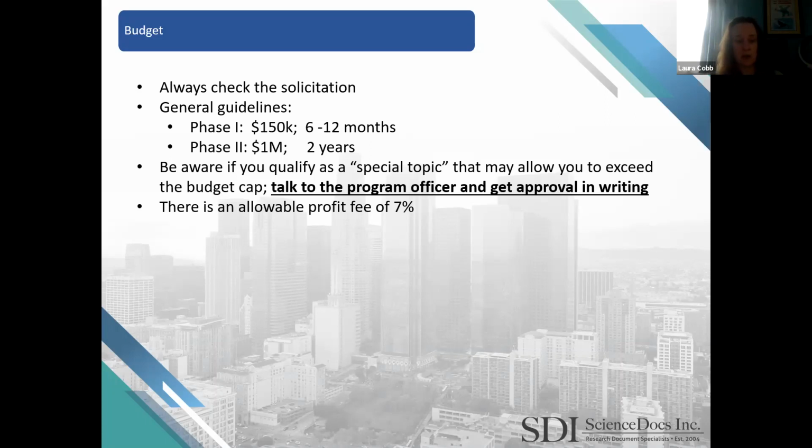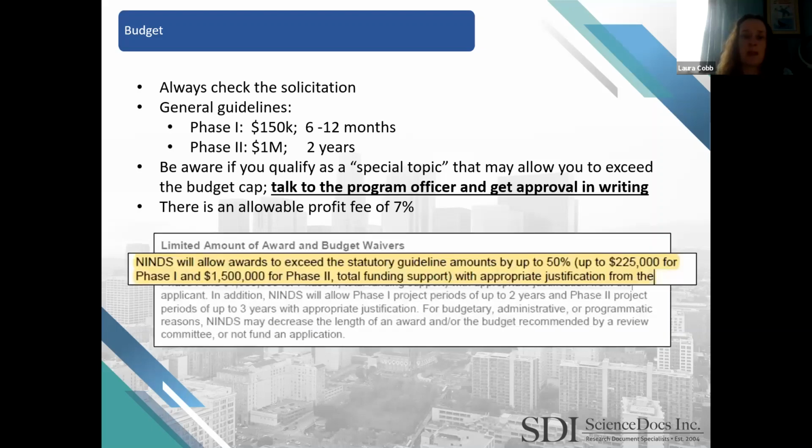With a budget, a really important thing to include for your own benefit is they allow you to add on a profit fee of 7% into the budget. So make sure that you do that because it's basically free money. This is what the budget caps are like.